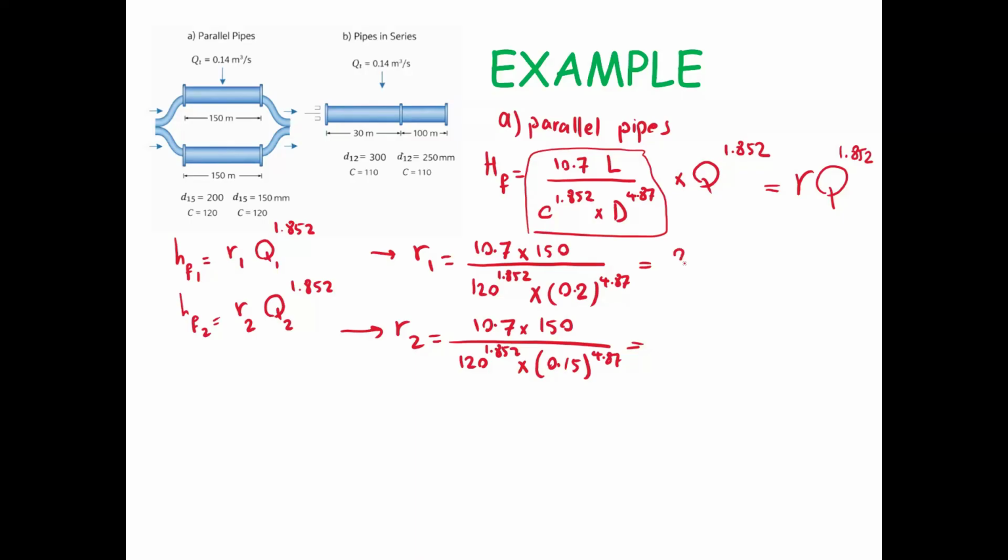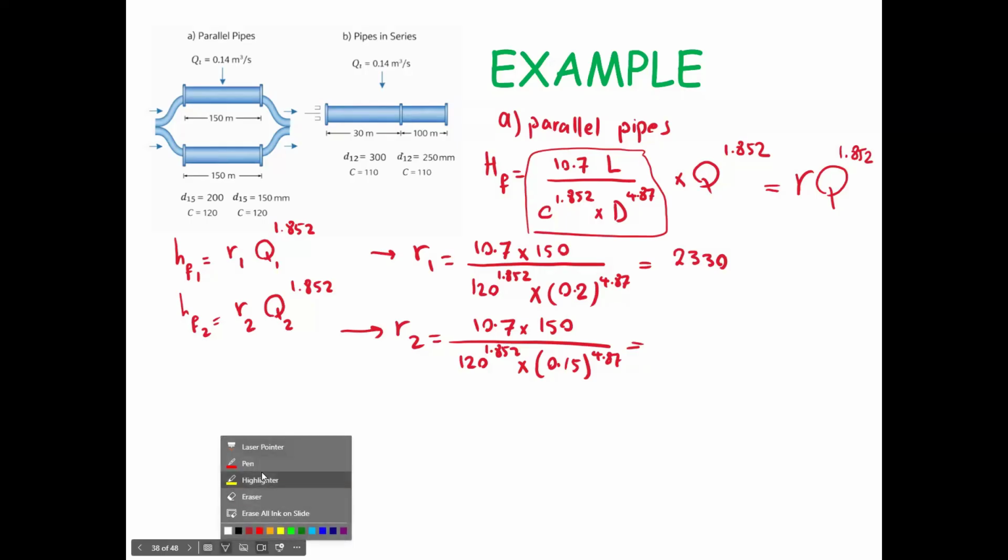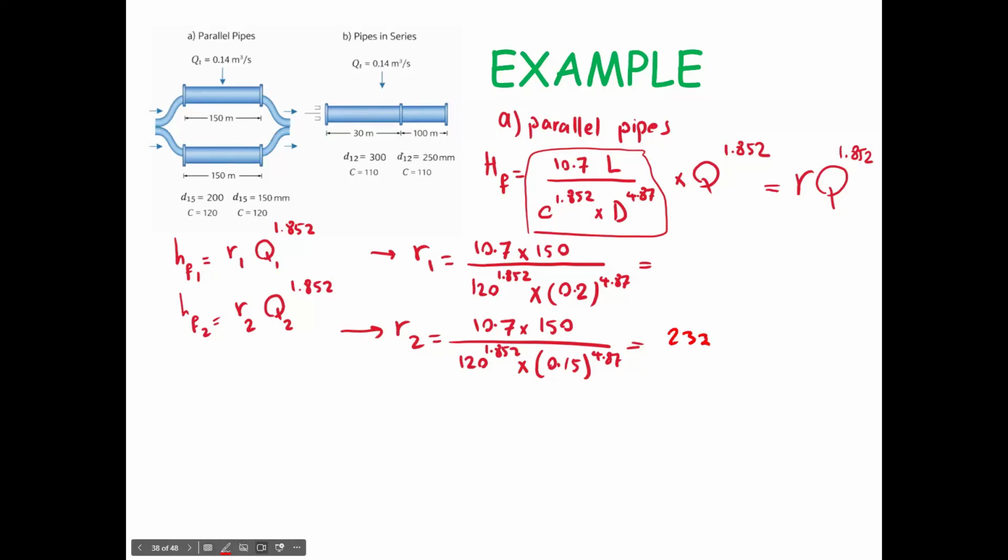If you find the first one, it is something around that. My solution is a bit different from what I have in a real solution, but they are so close. So this is 2,300, and this guy is 500.